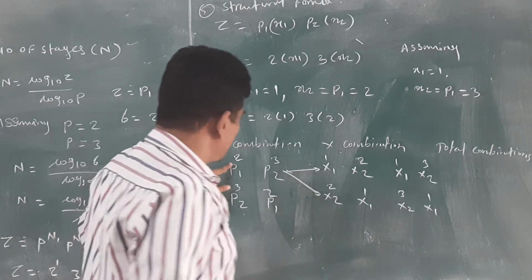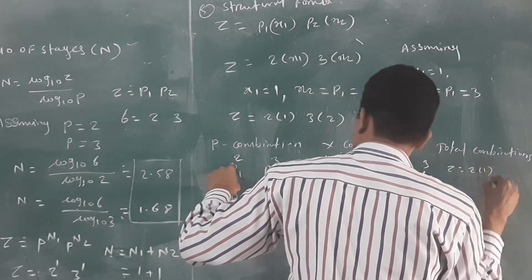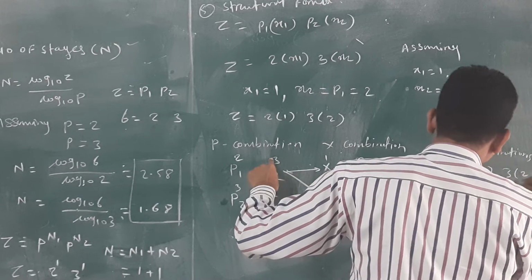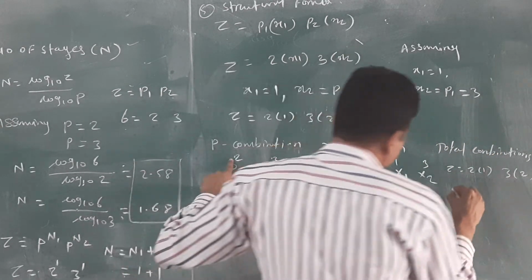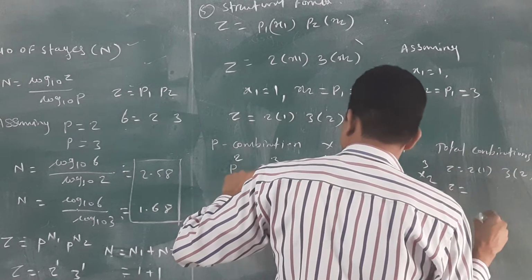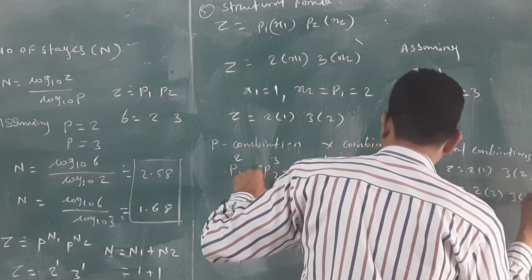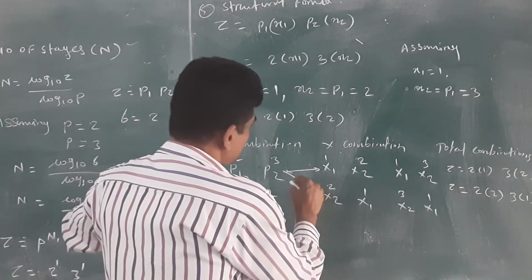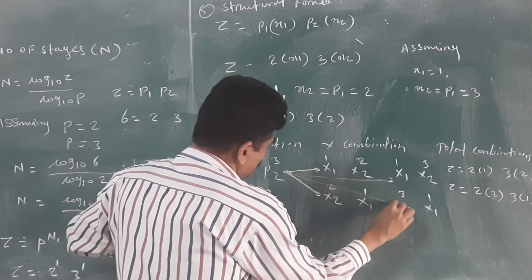Then tell me Z is equal to, what is the first combination? 2 1 and 3 2. This is the first combination. Then the second one, Z is equal to 2 2 and 3 1. In a similar way, I will use this combination and this combination.